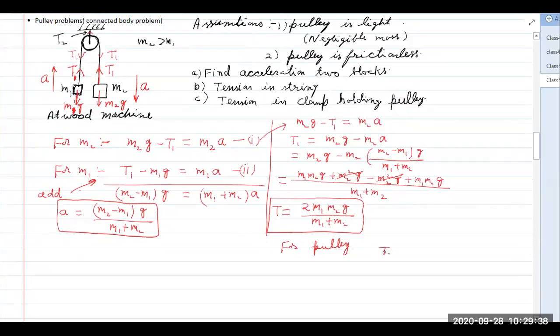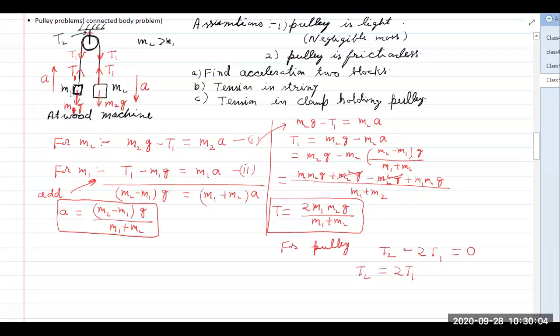So T2 upward minus 2 T1 downward, and the net force is 0 because the pulley is stationary. No need to write mass because the pulley is considered massless. So only these two tensions are acting: T2 upward and 2 T1 downward from two sides, T1 here and T1 here. So T2 is double of T1.